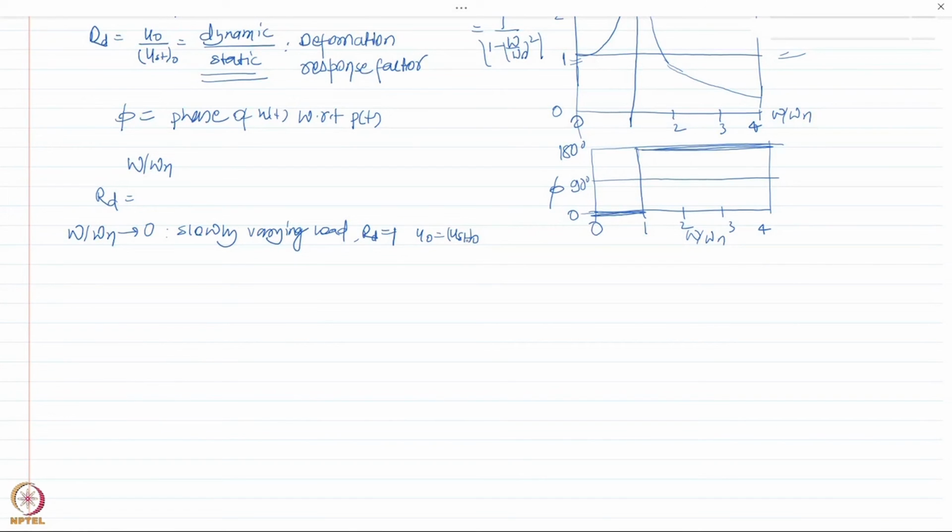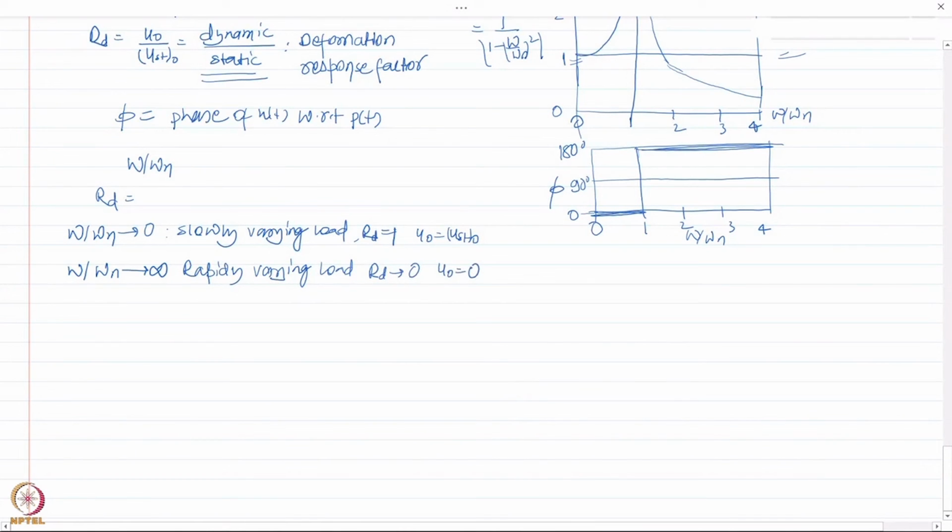Now in the second case, when omega by omega n is very large, that means a rapidly applied or rapidly varying force. In that case, RD is equal to 0, or that means your dynamic displacement is equal to 0.